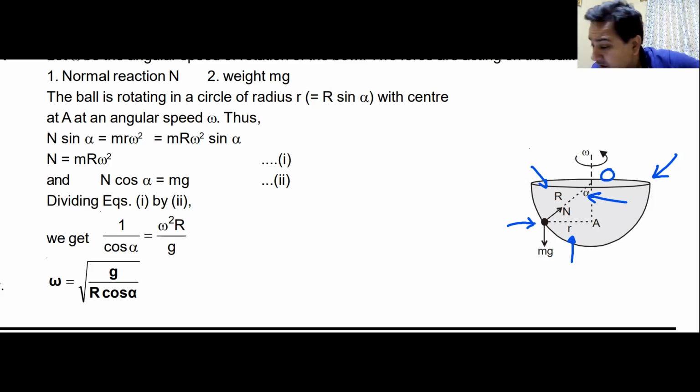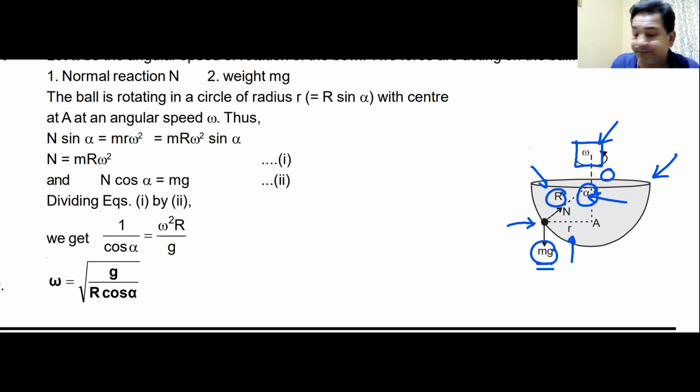What is given to you is the weight of the bead, mass m into g, and you are given alpha and the value of R. So R is known, alpha is known, m is known. You have to calculate the value of omega from these known quantities.